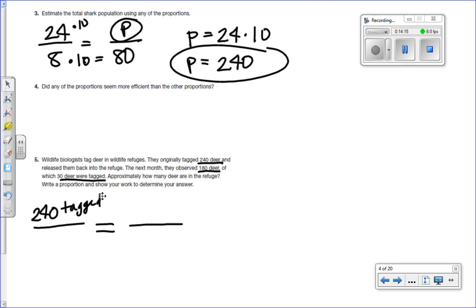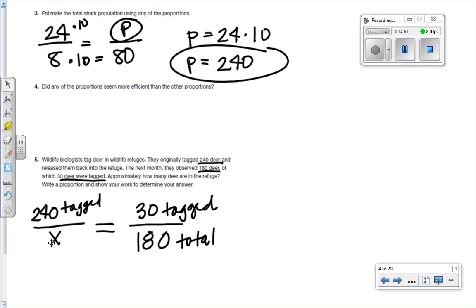Because it says tagged, we need to put the 30 with the other number that represents tagged deer. So initially 240 were tagged, and in their second sample, they went back out and captured more, and 30 of those were tagged. Because it says 180 deer, of which 30, those two numbers go together. So for that reason, I'm going to put 180 down at the bottom as a total.